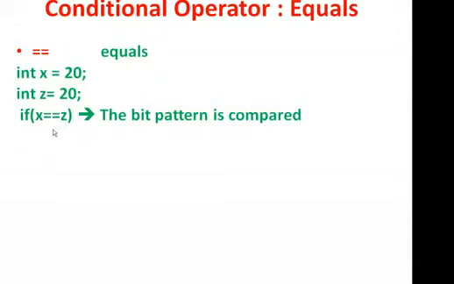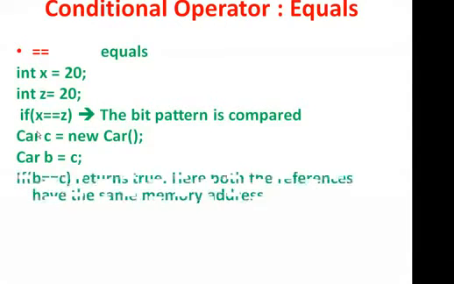But when you apply the same operator to the objects, say I have created an object known as car, c is equal to new car, and I gave the same memory address to another reference known as b, car b is equal to c, and when I use this equals operator, this returns true.